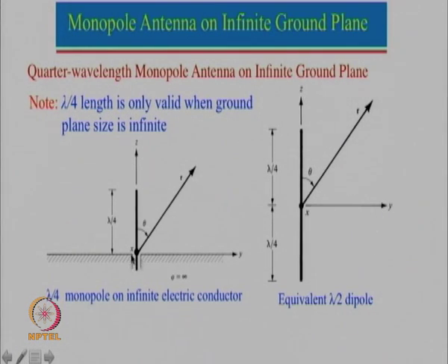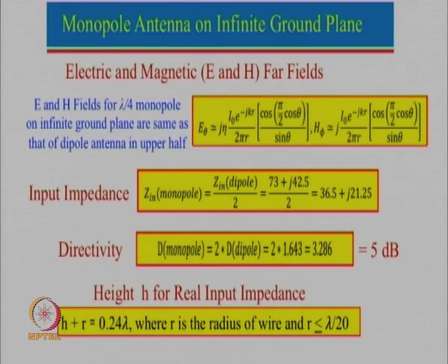The ground of the coaxial feed is connected over here, and the center pin feeds the monopole antenna. So we need only a lambda by 4 monopole on an infinite ground plane, which is the equivalent configuration of a dipole antenna. All the characteristics applicable to the dipole antenna are applicable here also.